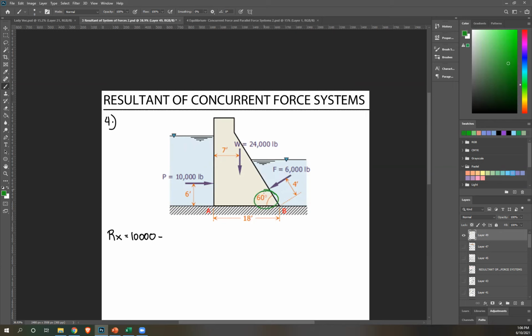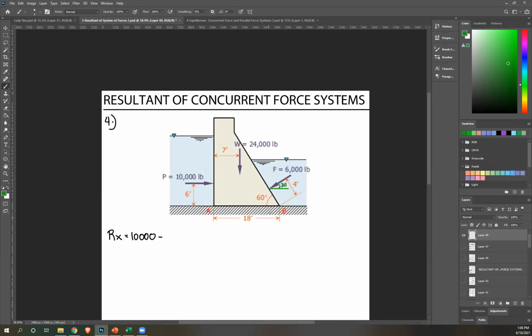Same thing here. Its angle will be a complementary angle. Meaning complementary to 60, that's 30, right? So this is 30.